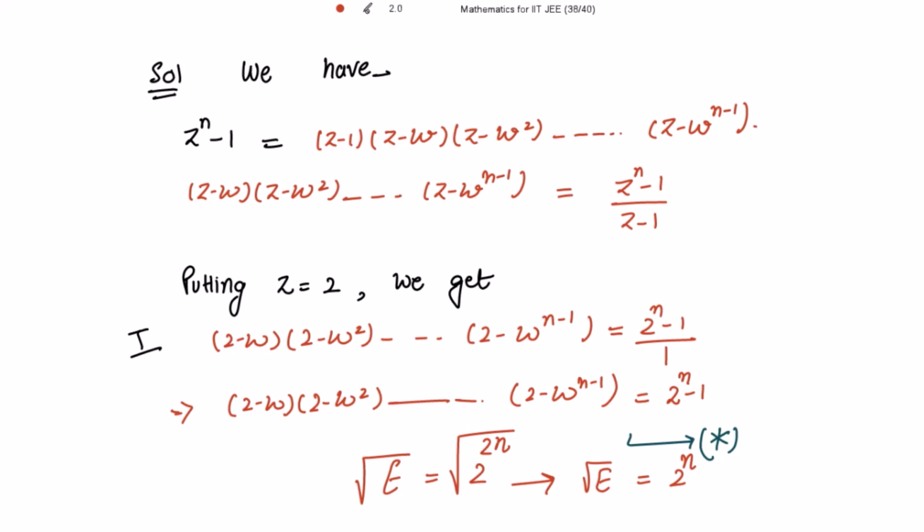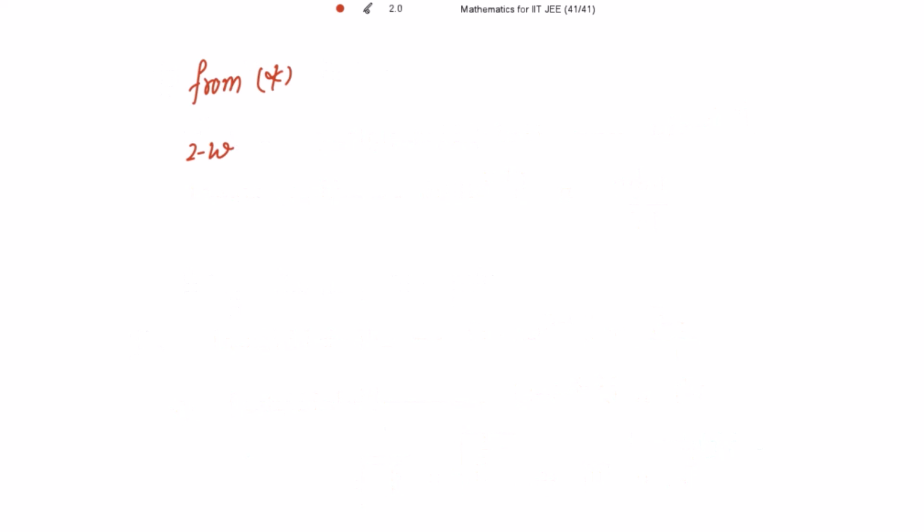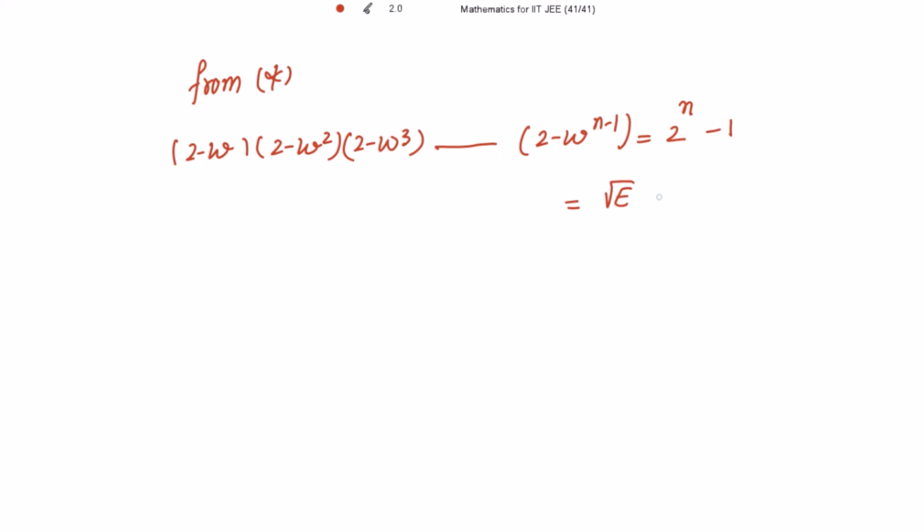Yes, and square root of E is what? First let me write this, from star: (2 minus omega) into (2 minus omega square), (2 minus omega cube), up to so on, (2 minus omega to the power n minus 1) is equal to 2 to the power n minus 1, which is equal to square root of E minus 1, because E is equal to 2 to the power 2n, right? And square root of E is what?